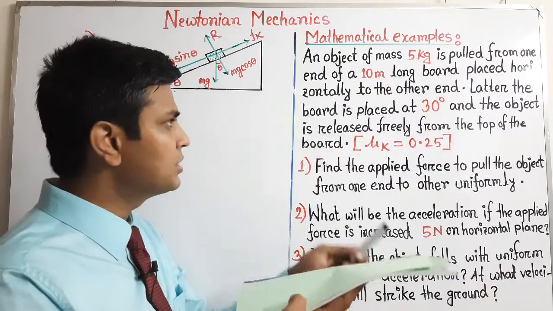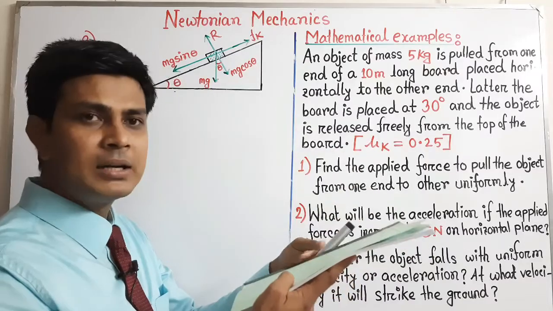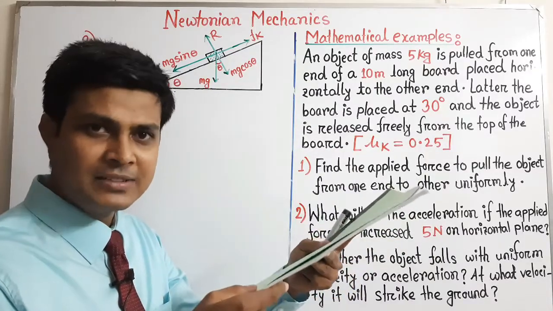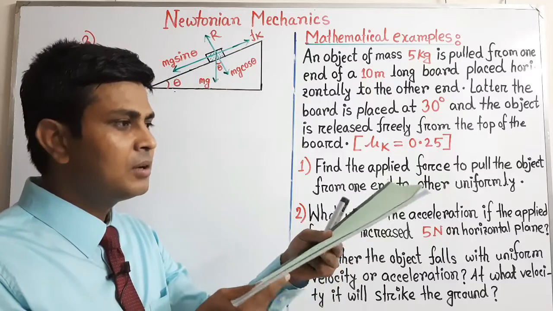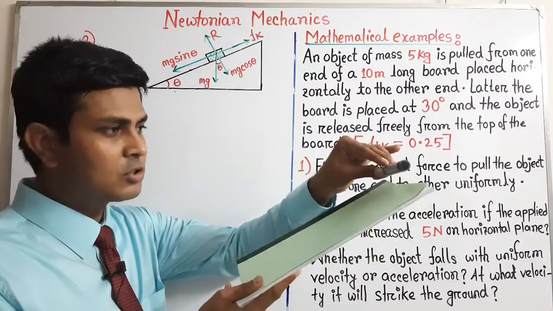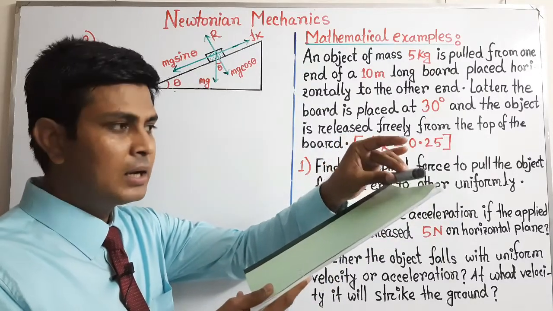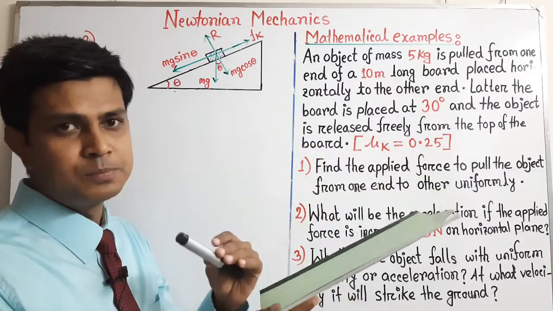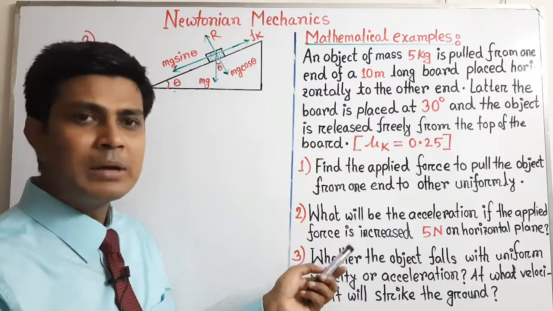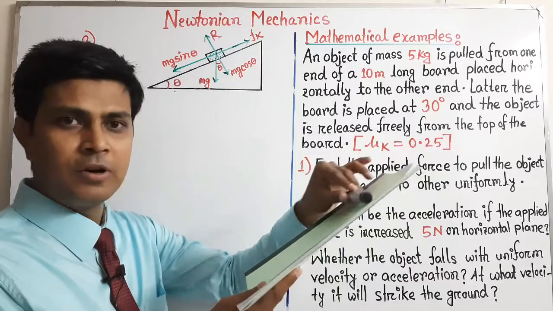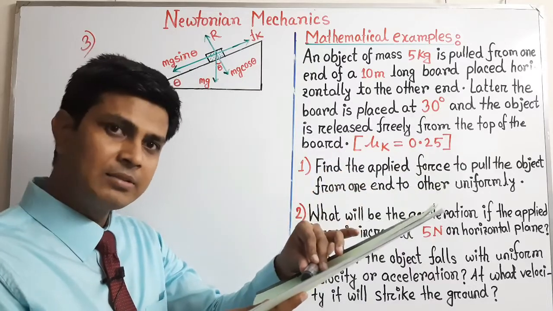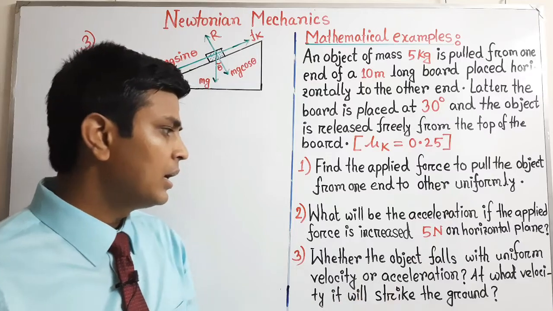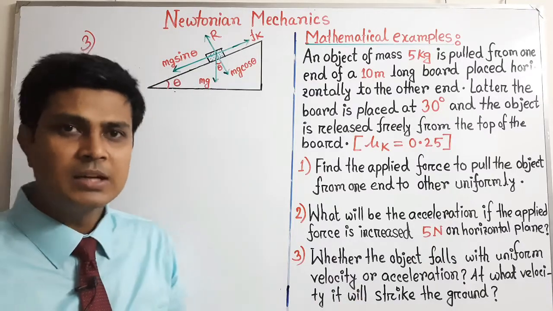And in the second condition they make an angle, that means they make this plane an inclining surface, and they release that object from the top, and we allow that object to fall freely from top to bottom. And the question is, we have to calculate whether the object falls with uniform velocity or acceleration, and at what velocity that object will strike the ground.